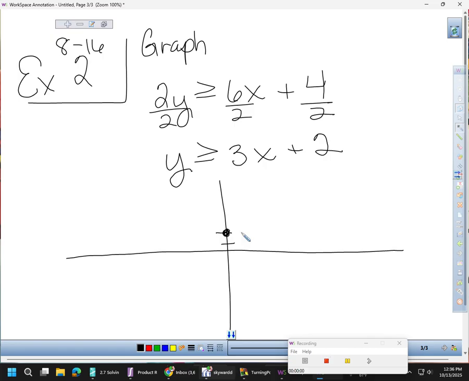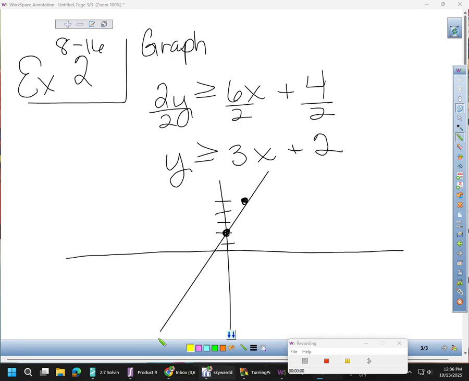My slope is 3, which means I'm going to do what? Up 3 and over 1. Now this time, because it's also got the equal to, this is a solid line. Now, it is greater than. Greater than means I shade above the line. So I'm going to shade everything to this side of the line.